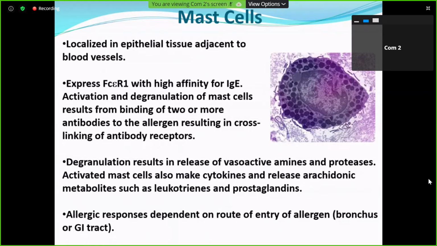Now, this is all well and good if you're living in a countryside where these sort of microbes are present. But as I said, in the urbanized setting where we have better sanitation and clean water, we don't have these antigens. So instead, this Th2 response is directed, you could think of it as a cross reaction, to antigens in the environment, like in the food or in the air.